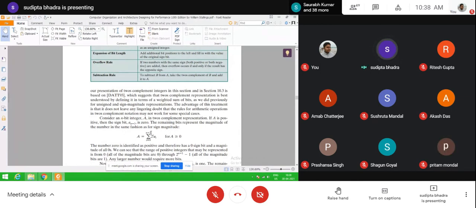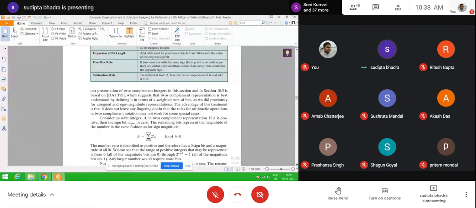This is similar to the sign magnitude integer form. Sign magnitude also uses this same equation to represent the integer.